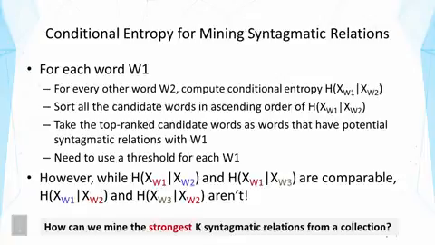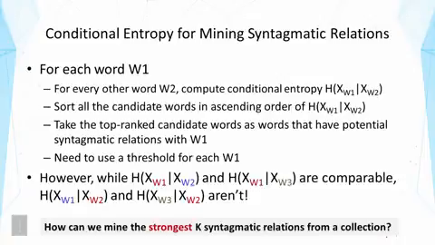But if we think about the two pairs where we share W2 in the same condition, and we try to predict W1 and W3, then the conditional entropies are actually not comparable. Well, you can think about this question, why? So why are they not comparable?